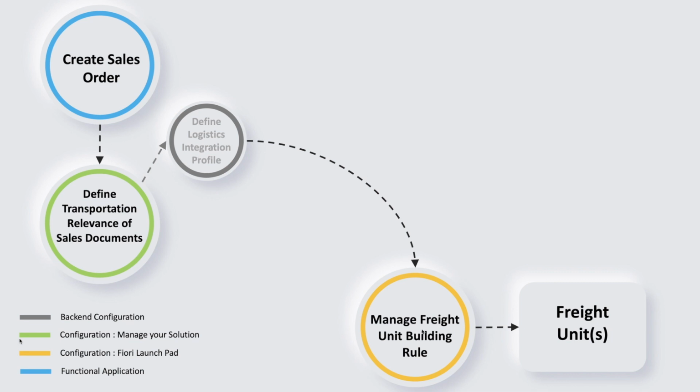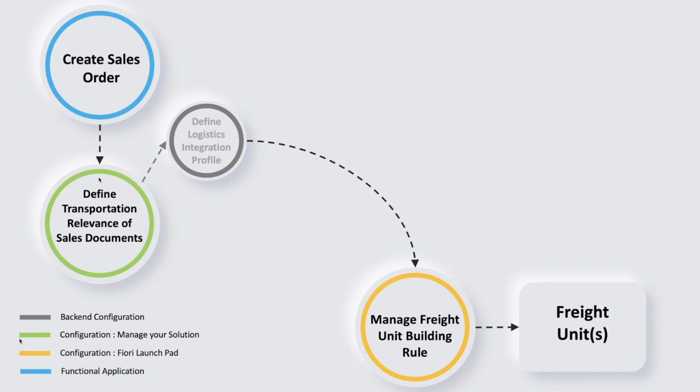And again, before 21.11, it really was a very binary choice in that if the sales order was going to be requiring planning with basic TM, it would point to one logistics integration profile, and this one logistics integration profile was going to point to one and only one freight unit building rule, and the freight unit building rule, of course, is then used to determine how the resulting freight units of the sales orders are going to be produced.